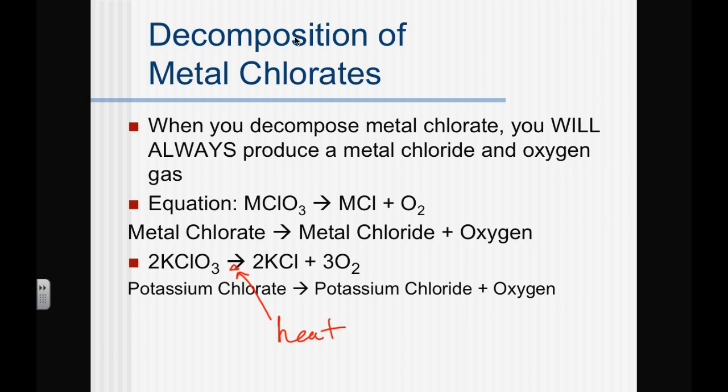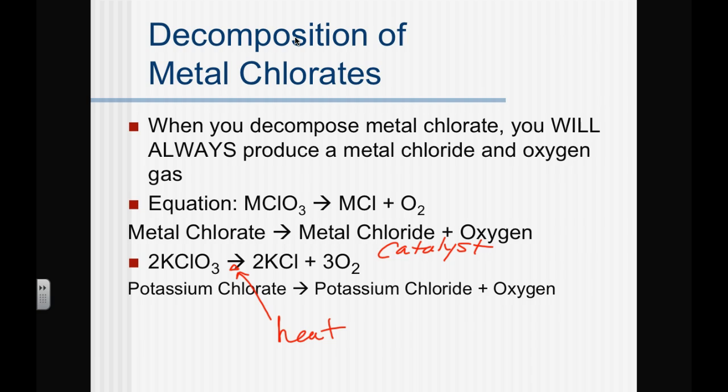This example is actually also going to use what's called a catalyst. A catalyst is something that speeds up reactions. It makes chemical reactions happen much faster. And where do we write the catalyst?